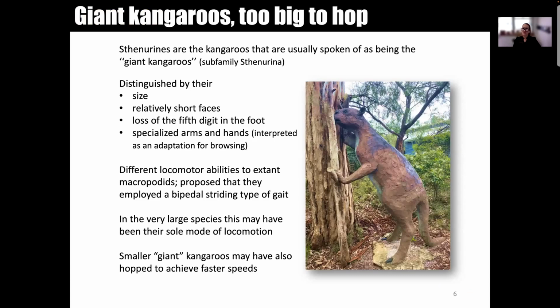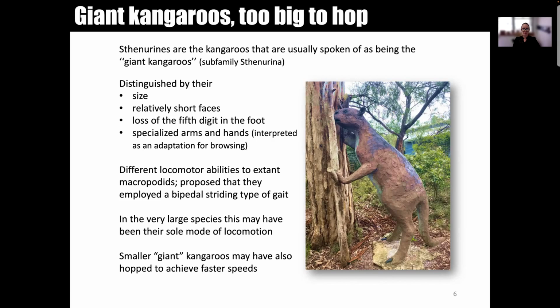Sthenurines are the kangaroos that are usually referred to as being those giant kangaroos. So they're distinguished by their size, relatively short faces. They have the loss of a fifth digit in the foot, and they were shown to have specialised arms and hands, which has been interpreted to be related to an adaptation for browsing.